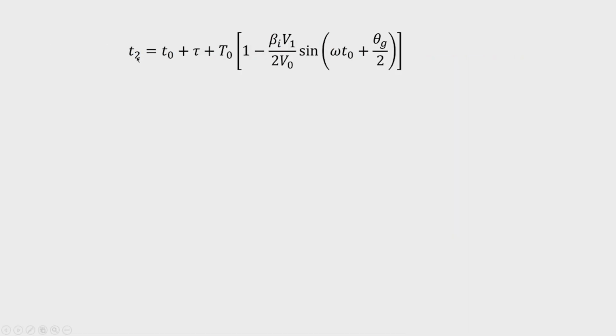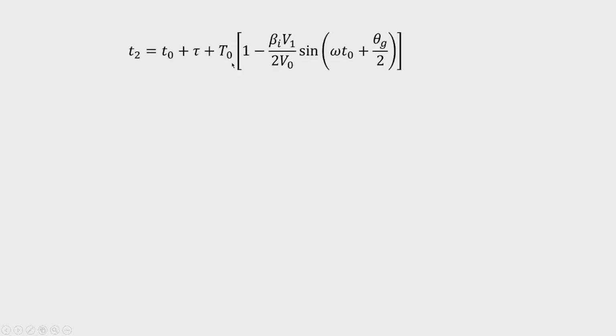Now, T2 is equal to T naught, the time of entry of the electrons in the buncher cavity, plus tau, the transit time of the electrons between the buncher grids, plus this term T naught into 1 minus beta I V1 by 2 V naught sin omega t naught plus theta g by 2.